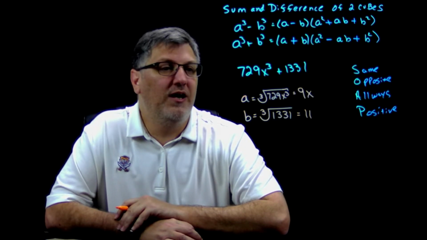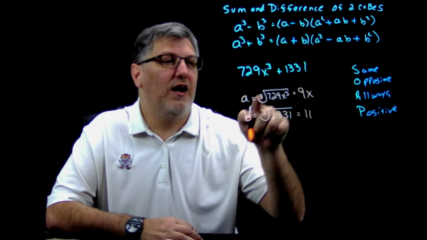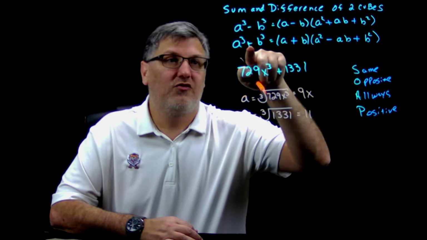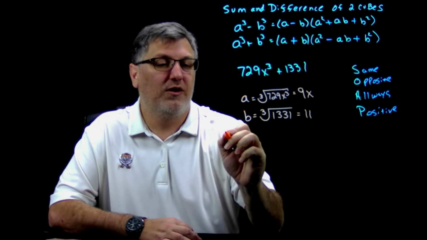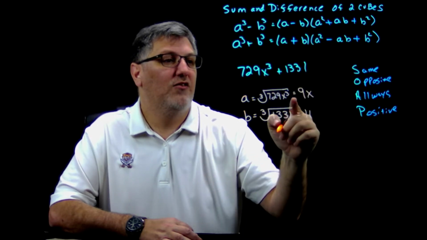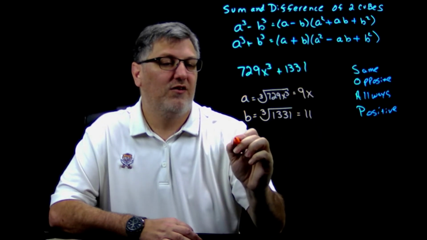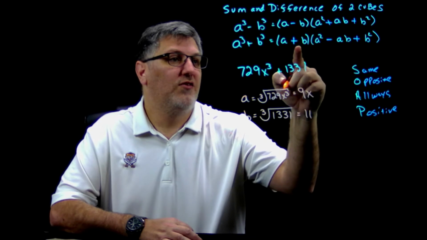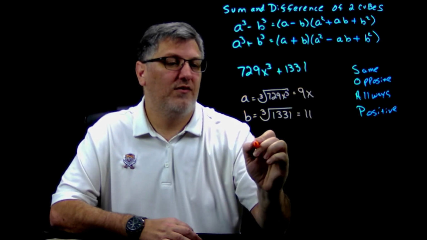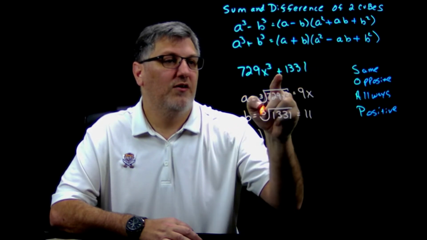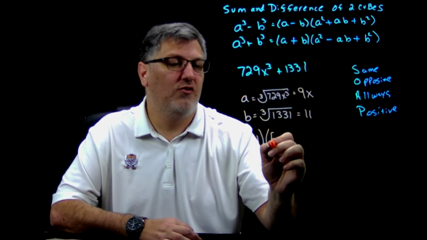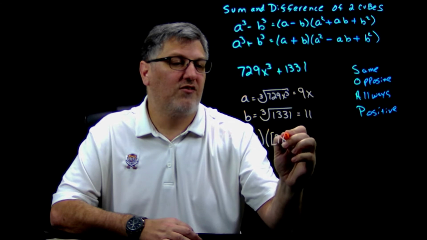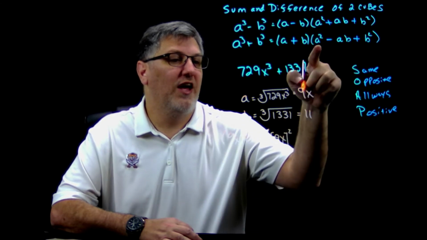All right, from here, I know my A, I know my B, I know this is a sum because of the plus, so I'm going to use this bottom one right here, and all I'm going to do is fill it in. So here we go. It says A, so I've got 9x, plus B, so plus 11, because it's the same, plus, same from SOAP, times, well, now I'm going to do 9x, and this has to be squared, because it says A squared.